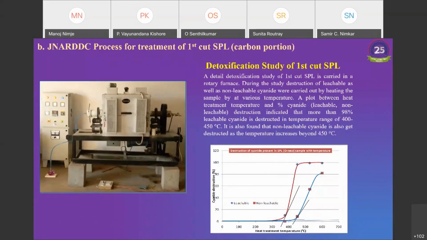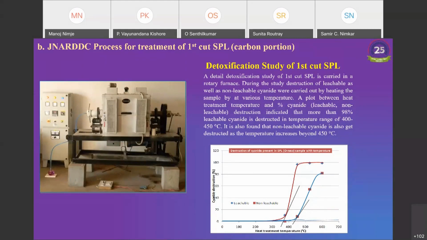So, looking at the pros and cons of various available processes in terms of capital cost, operational cost and technical difficulties, JNARDDC has developed its own simple and economical process for treatment of first cut SPL, along with National Aluminium Company, that is Nalco India, and Vedanta Aluminium Company. We will discuss this in more detail in coming slides.